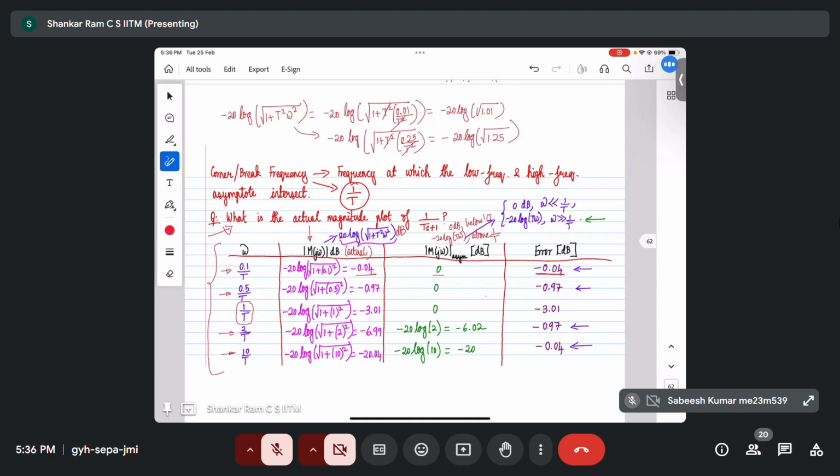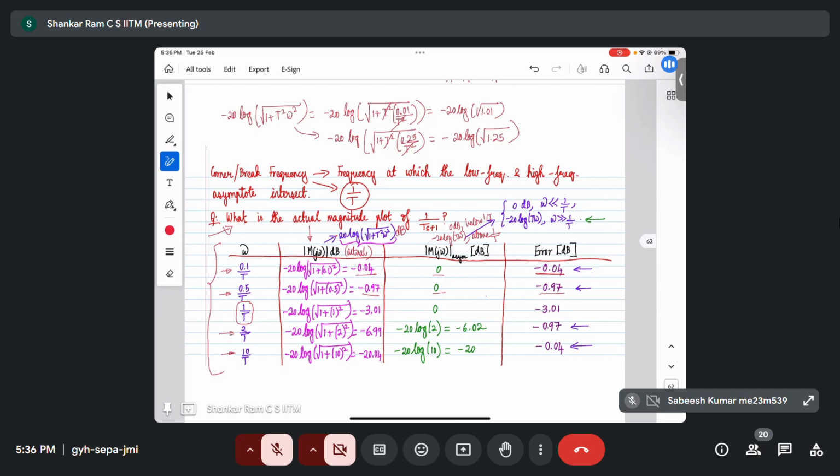If we calculate this, we get minus 0.97 decibels. This is the actual magnitude, 1 octave below the corner frequency. What is the asymptotic value? It is the low frequency asymptote, 0 decibels, below the corner frequency. So the difference is minus 0.97.